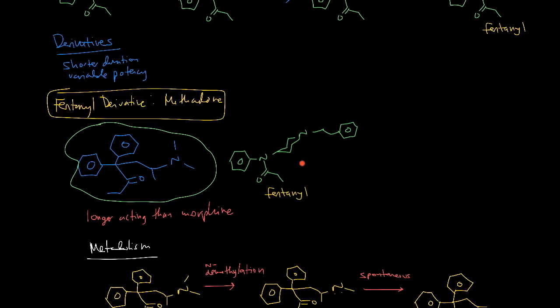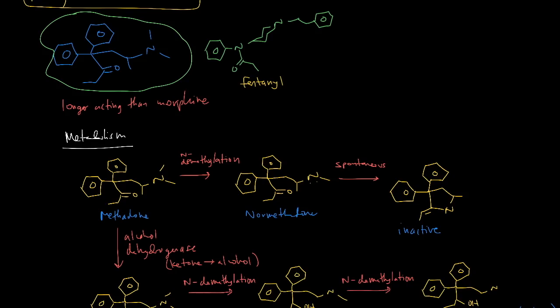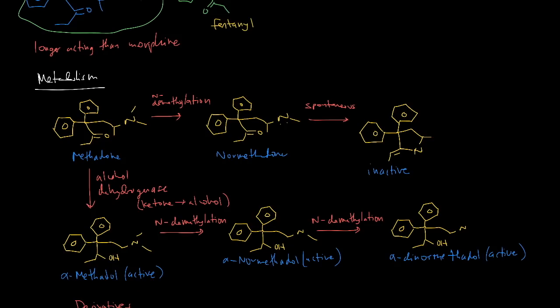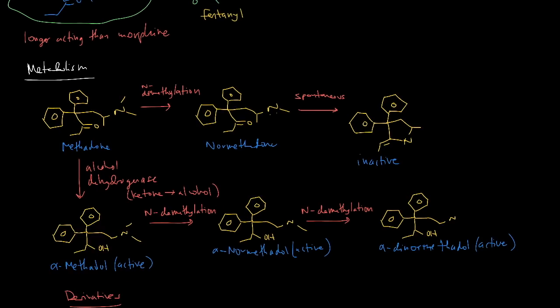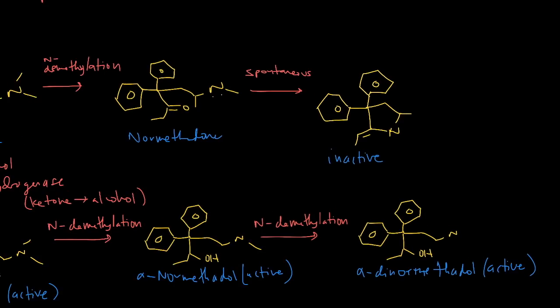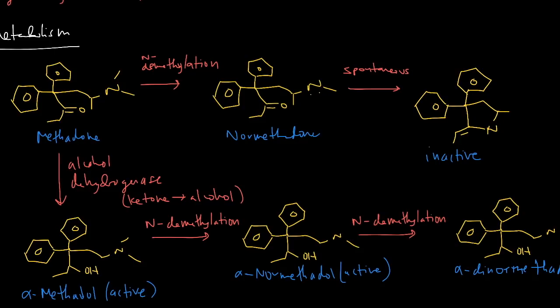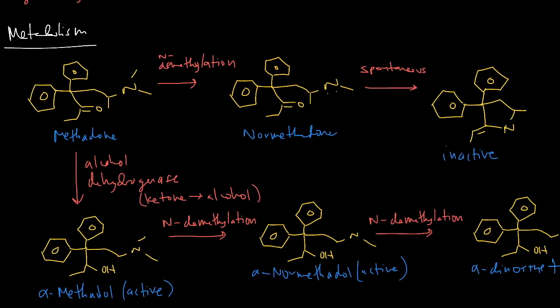Its metabolism follows this scheme. Start from the top. Here's your methadone. It can undergo N-demethylation to remove this methyl group. Once you remove the methyl group, these lone pairs on the nitrogen actually attack.